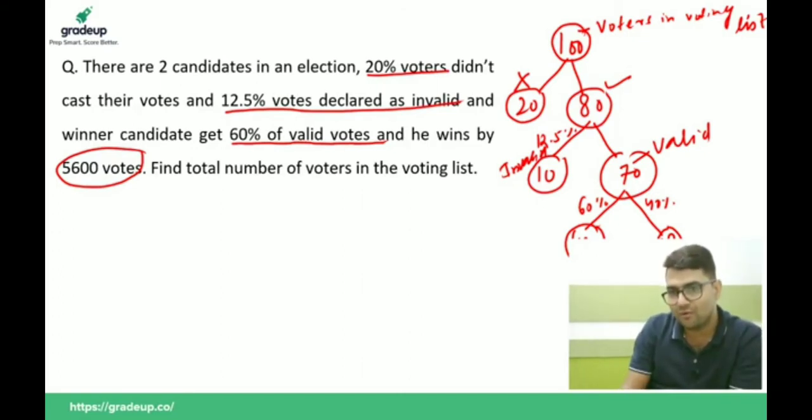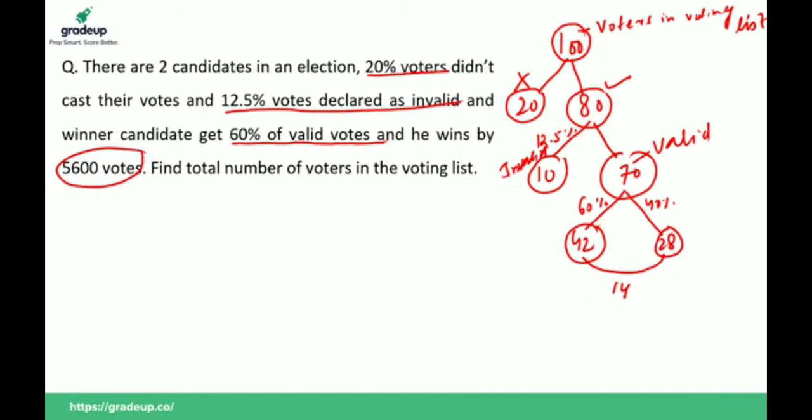Obviously 14. According to the question, he wins by 5,600 votes. So 14 will be equal to 5,600 votes. One will be equal to 400 votes.